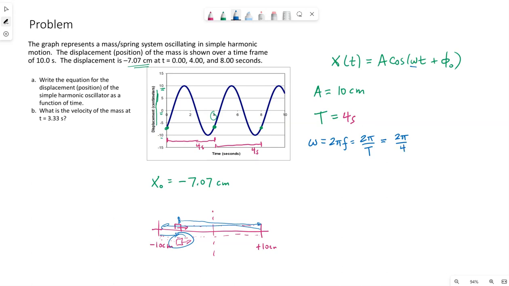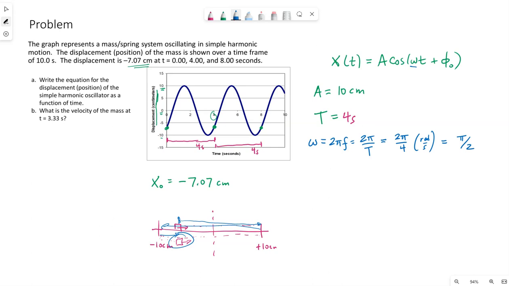This gives us our units of radians per second, which is our SI units for omega. So we can say that omega is pi over 2. So that's not the phase shift, that's how fast this mass is oscillating with time.